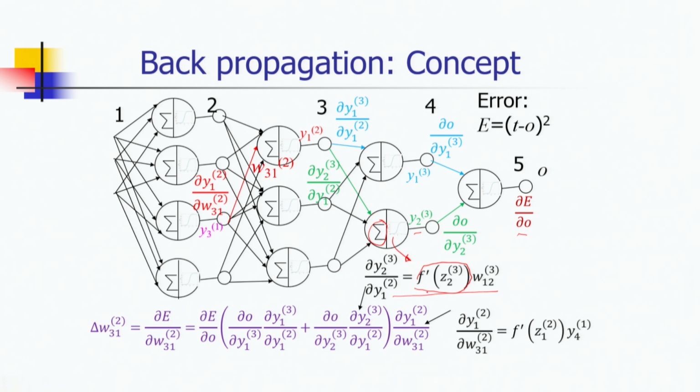So this should be equivalent to multiplication of these two terms. As you can see, every component can be computed from the responses you obtained in the forward pass, and you can do this computation efficiently.